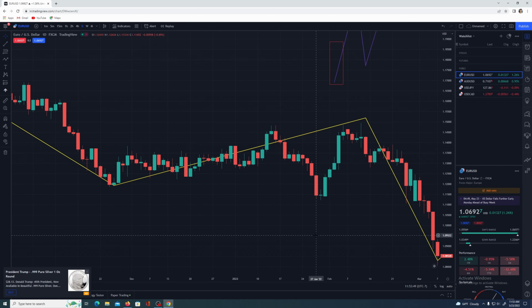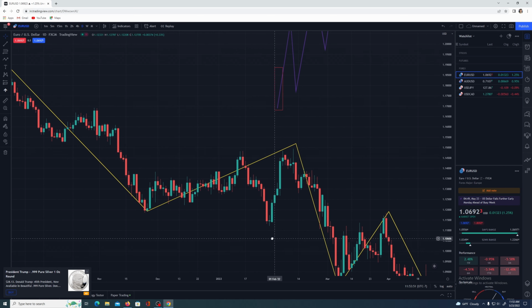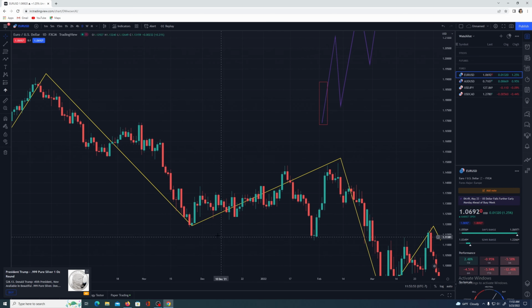So if we go to price, basically a demand block will be the last candle down. For example, this one, this red candle, the last candle down before the move up, before the break of structure, right? In this case, it broke structure higher, and this became the last candle, last down.